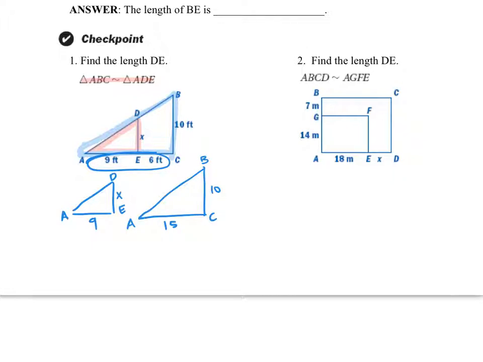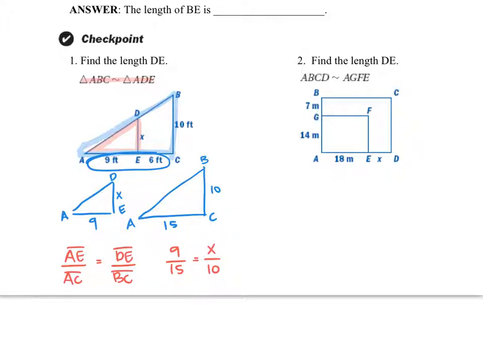So now our proportion is that AE corresponds to AC. Again, I've chosen to go from the smaller to the bigger. So then I got to stay consistent. DE corresponds to BC. When I plug in the numbers, I have 9 over 15 equals X over 10.